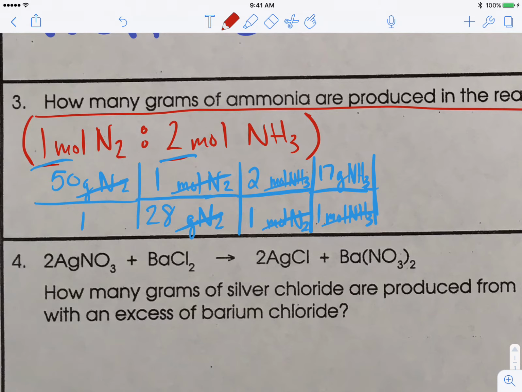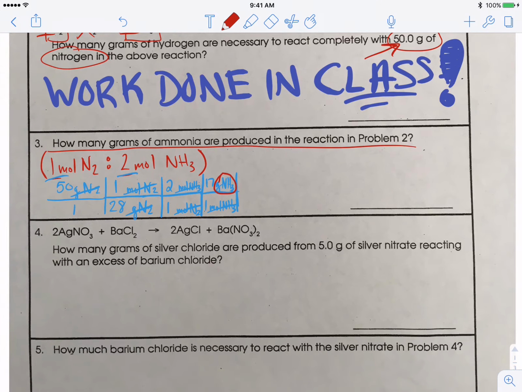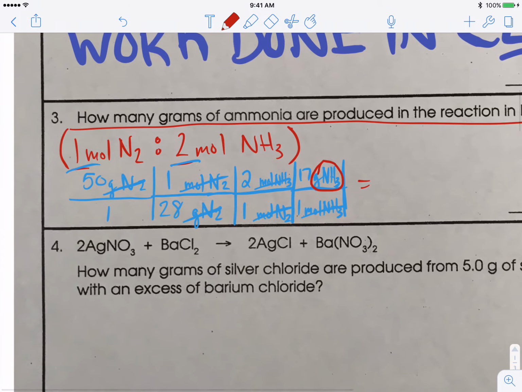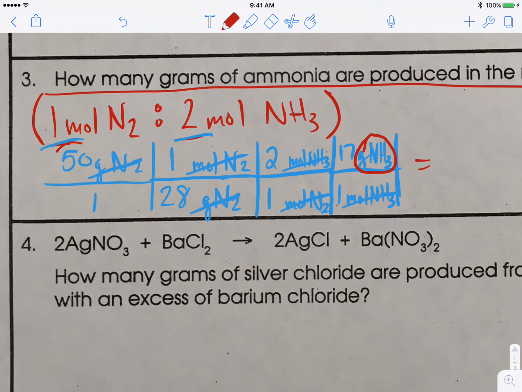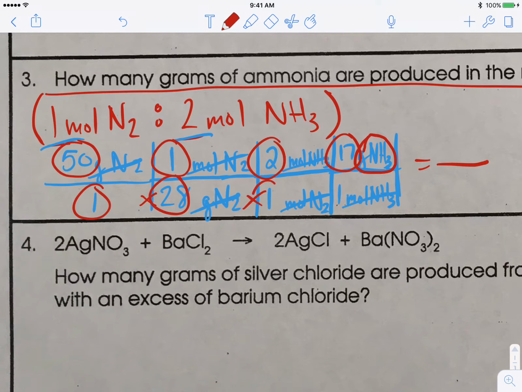So if you see now, the only unit I did not cancel out was grams of NH3. So that's going to go ahead and be the unit for our answer. And just like before, we're going to multiply across all the numbers that we did not cancel out to get our final numerator. Do the same thing to get our final denominator.